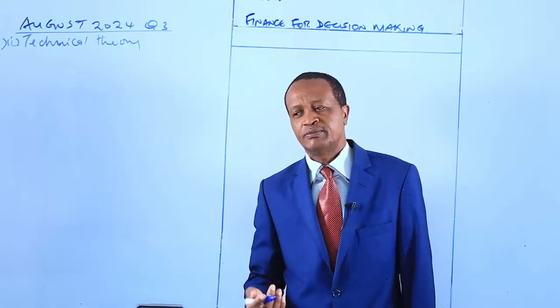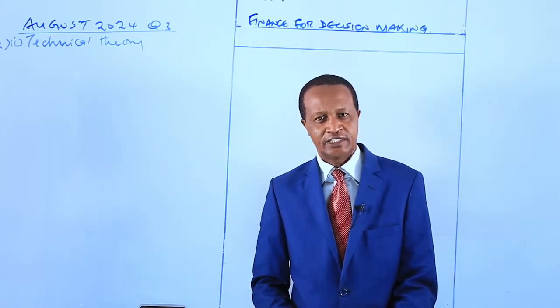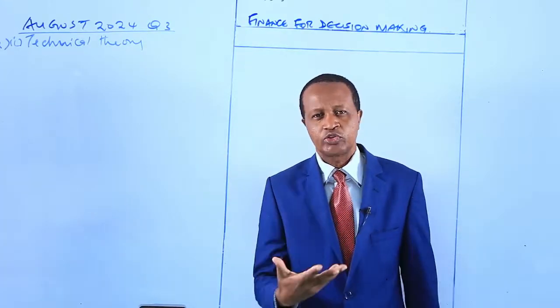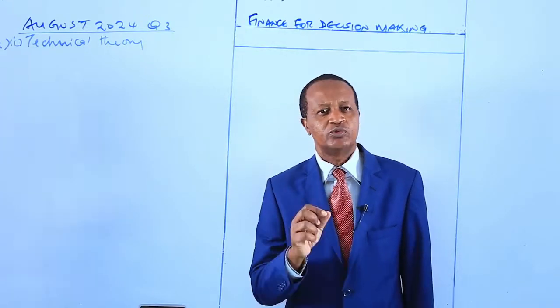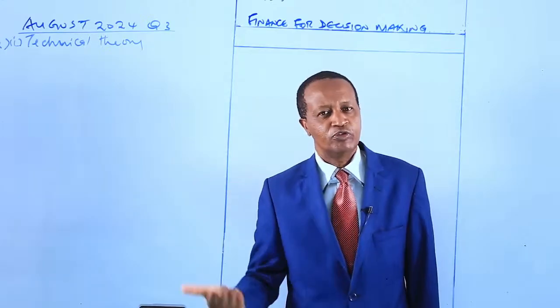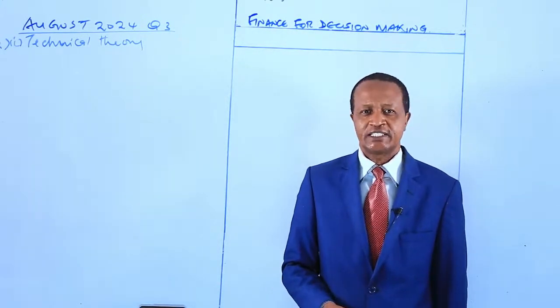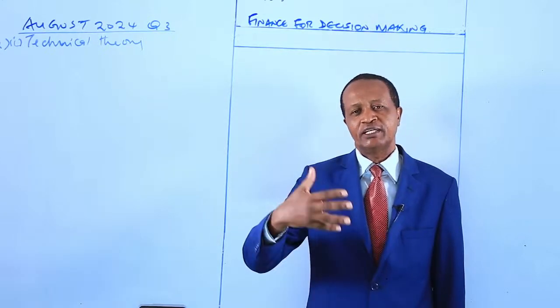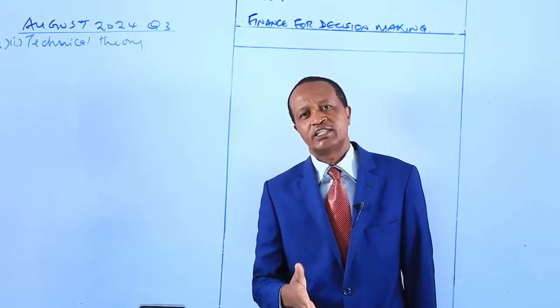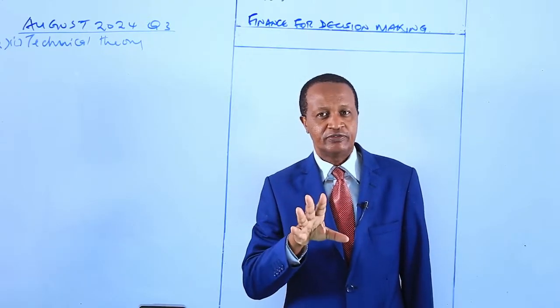It may also be referred to as technical analysis, and it asserts that a stock's value and future price movements can be predicted by analyzing historical market data, primarily the price and volume. That is the technical theory in brief.